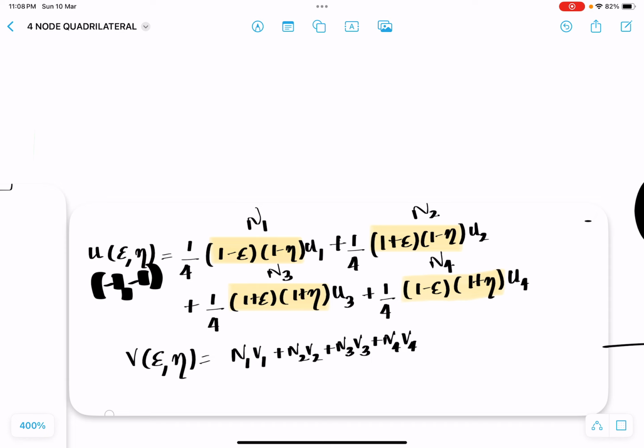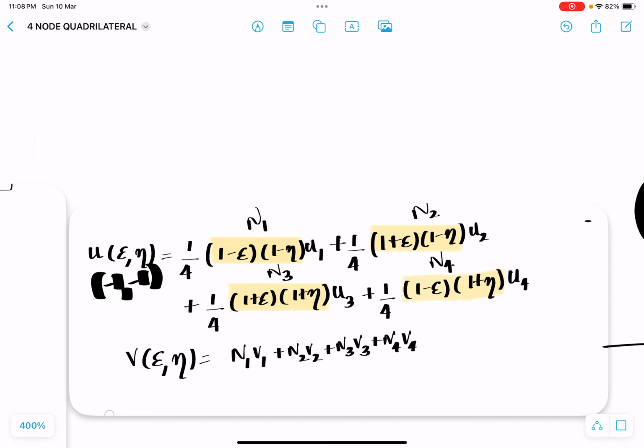If you want, you can just check it through. At minus 1 comma minus 1, n1 becomes 1 and n2, n3, n4 all evaluate to 0, because that's how you have derived these shape functions by applying the boundary conditions in the first place.